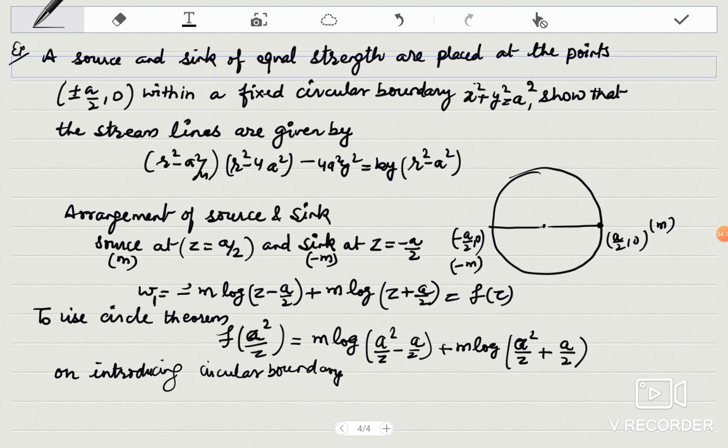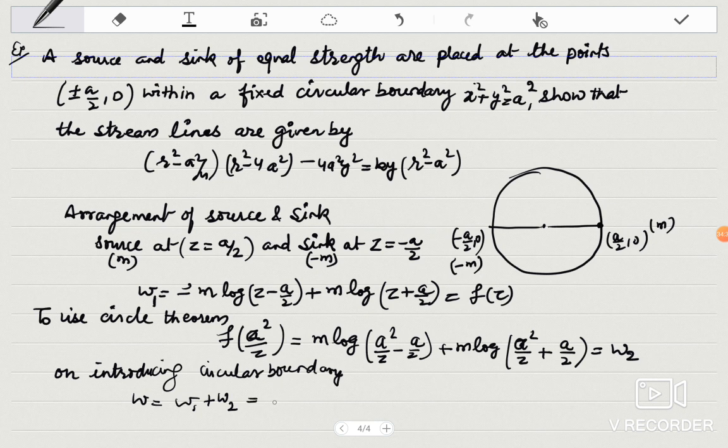You write it as W1 and W2. So W is equal to W1 plus W2, because the circle theorem says that in your original complex potential, you just add its conjugate.